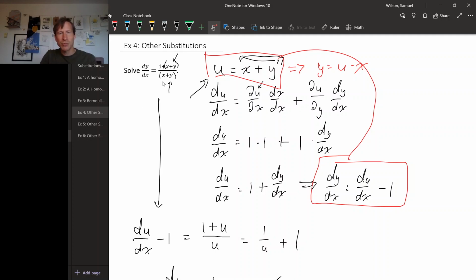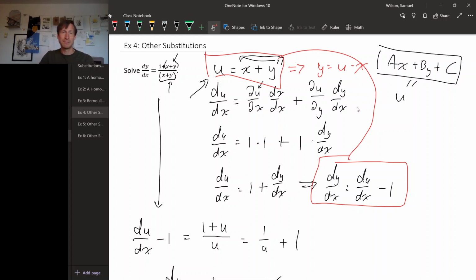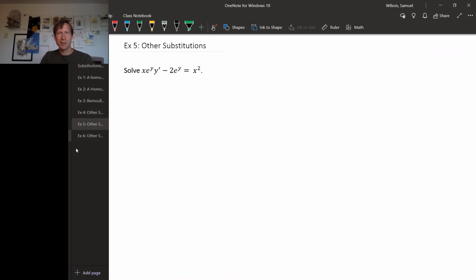This often happens when you have some linear combination of x and y, some number times x plus some number times y, maybe even plus some other number. Often this is a good thing to take for u if an expression like this shows up in your differential equation. Let's look at a couple other examples.